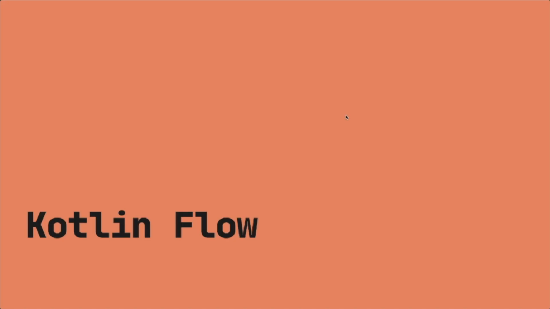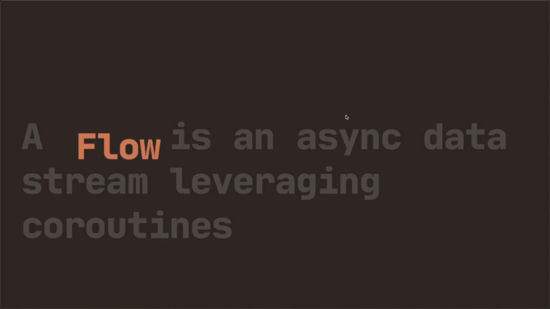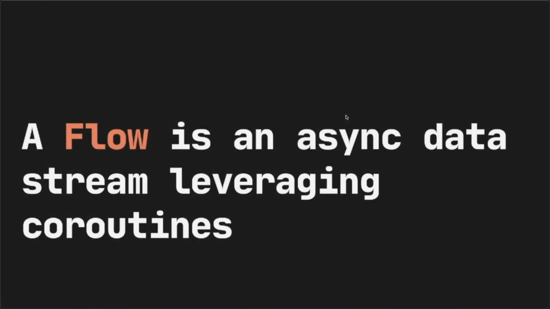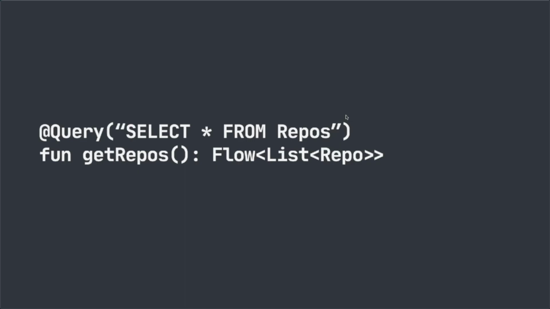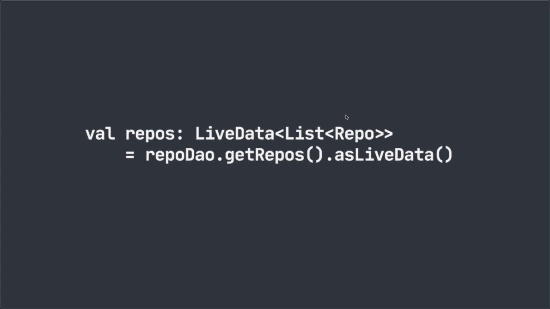Now, I mentioned Kotlin Flow a couple times. Kotlin Flow is an async data stream leveraging coroutines. You can think of this very similarly to RxJava, but it's all coroutines based. For example, from Room, you might have used a Flowable in the past. Well, these days we could use Flow from the coroutines package, and it operates in very similar ways.